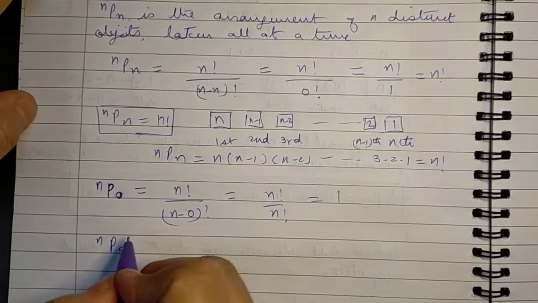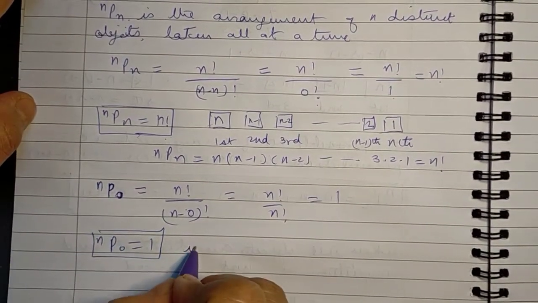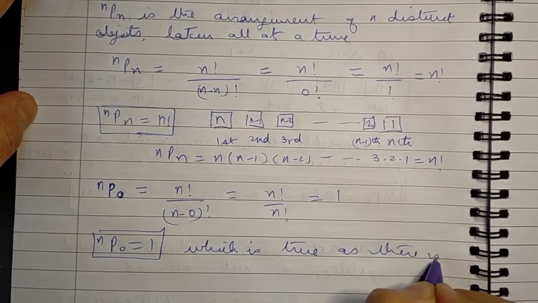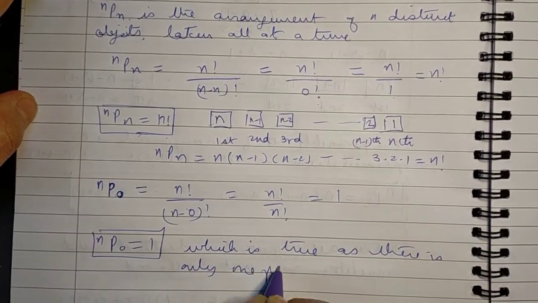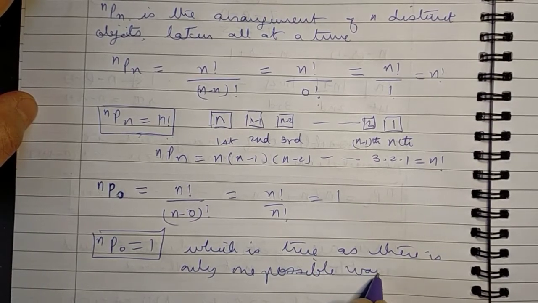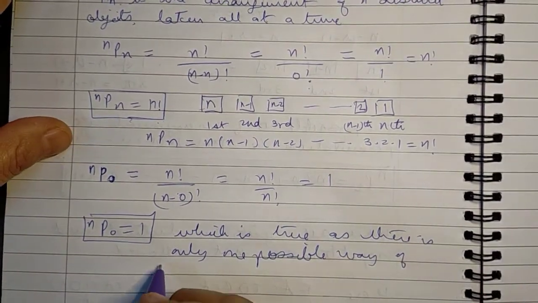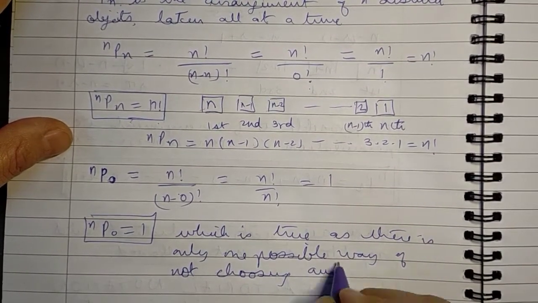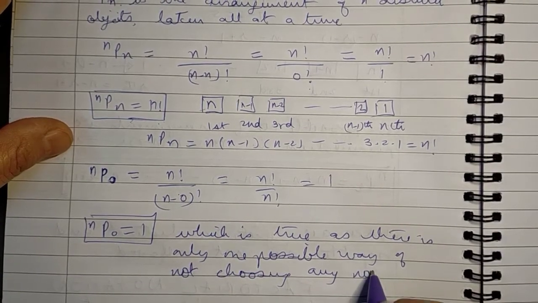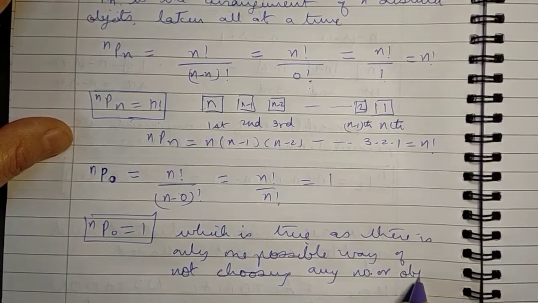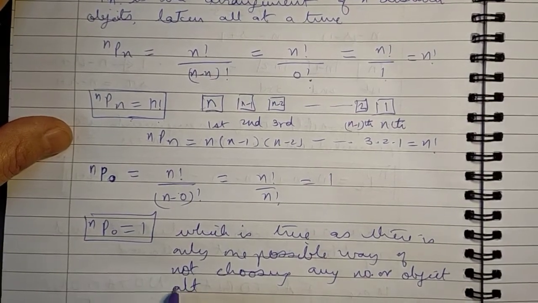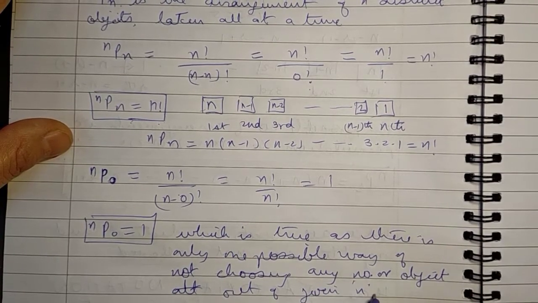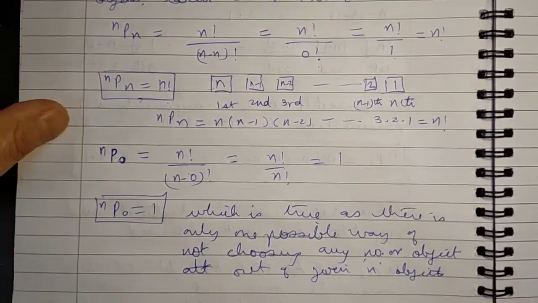So nP0 comes out to be 1, which is true as there is only one possible way of not choosing any number or object out of the given n objects.